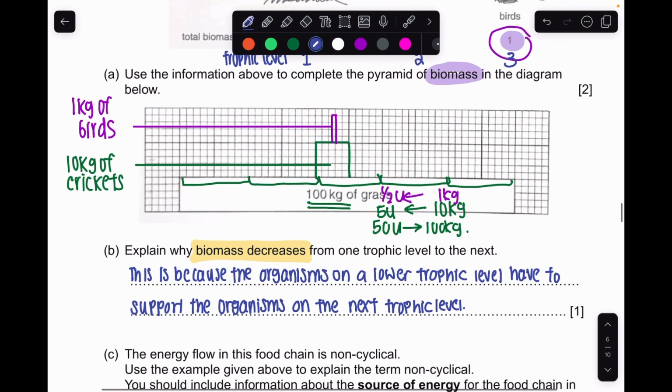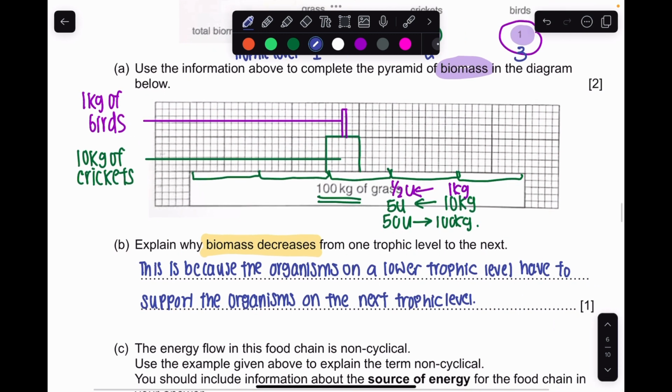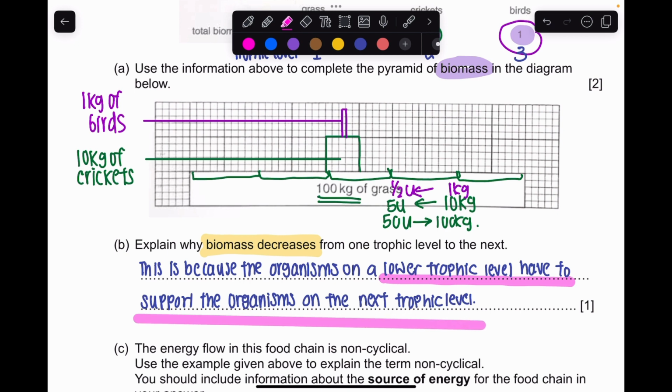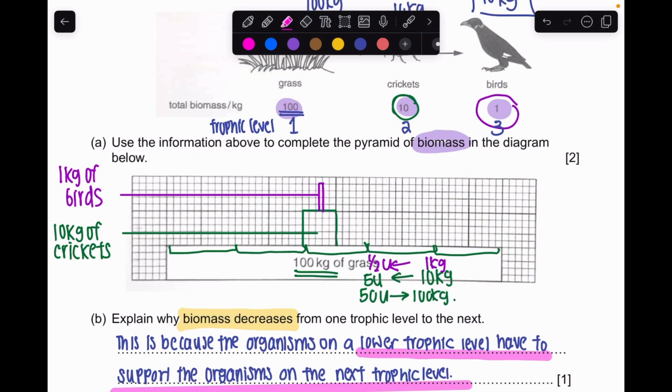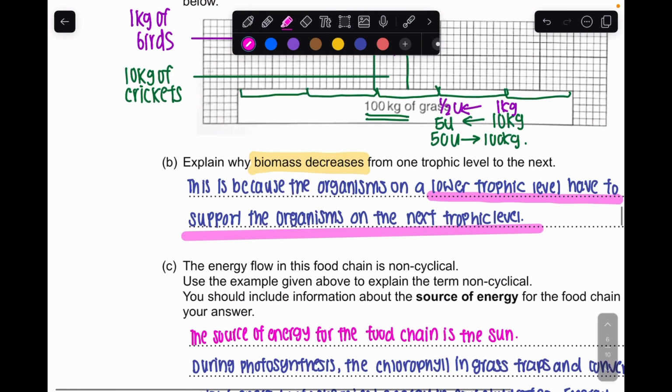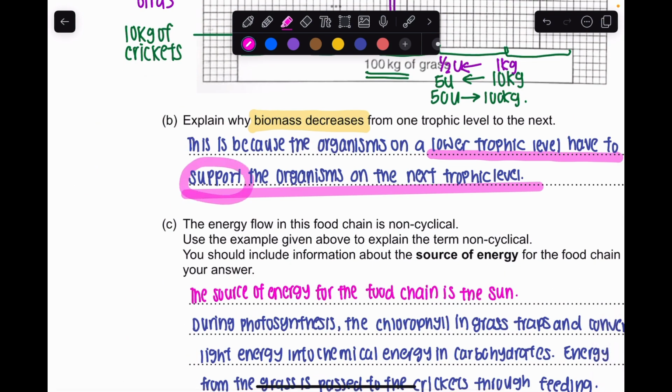So what we are going to say is that the organisms on the lower trophic levels have to support the organisms on a higher trophic level. So that's why for organisms on a higher trophic level, you cannot have too many of them. If not, there's not enough organisms on the lower trophic levels to support them. Just a quick reminder here, when the question says support the organism, we don't mean emotional support or physical support here.